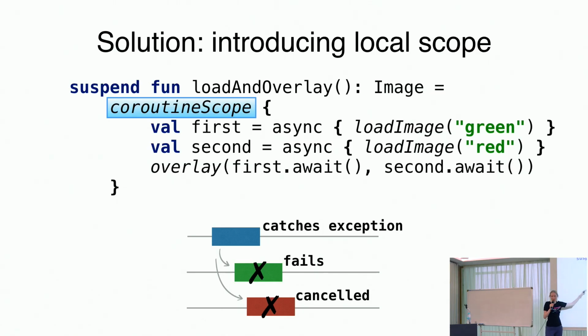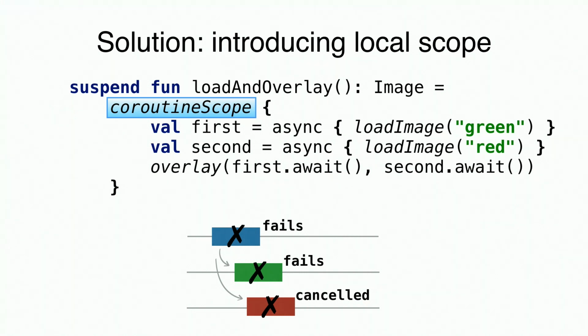So you no longer need to write this code by hand. It is written in the library and it automatically works for you. To a great extent, it simplifies the code that you're writing when you start coroutines from other coroutines. So it catches the exception, cancels the second one and fails. This problem is solved just by introducing scope.